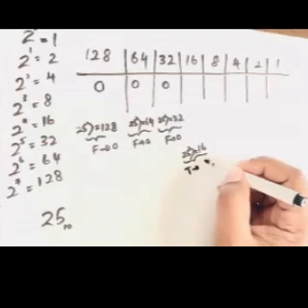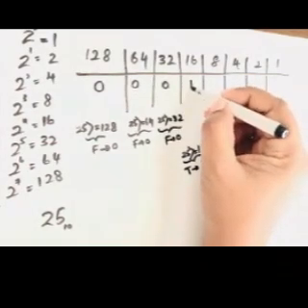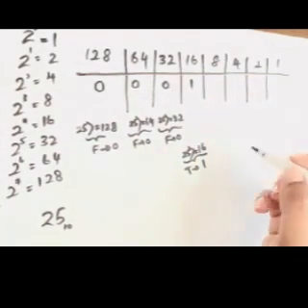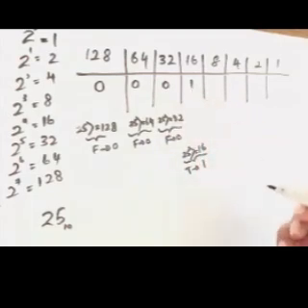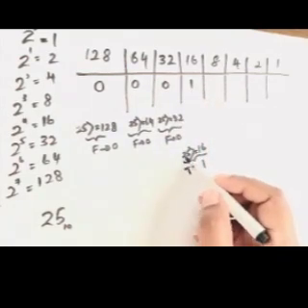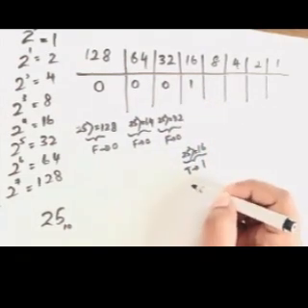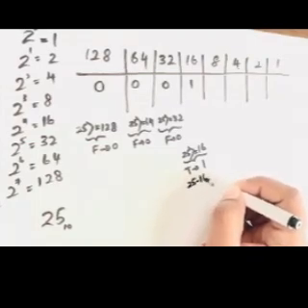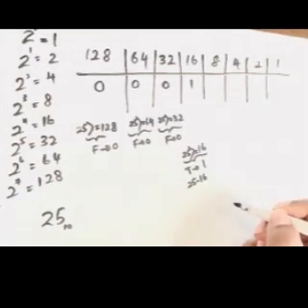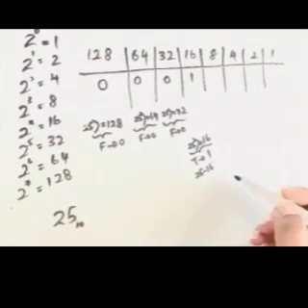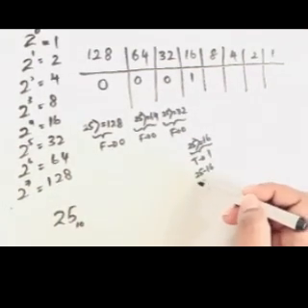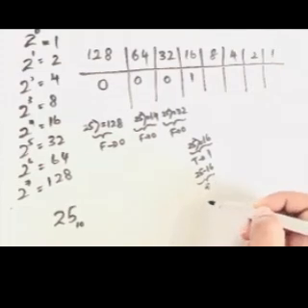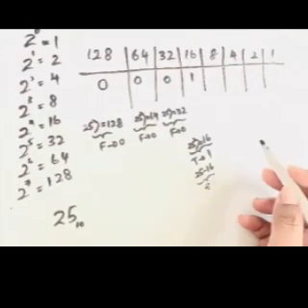If the condition is true, you have to put 1 here. Now the next thing I have to do is subtract 16 from 25. When I subtract 16 from 25, the answer is 9. Now this 9 is the one which is going to continue.